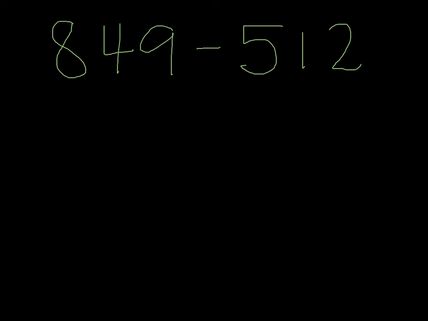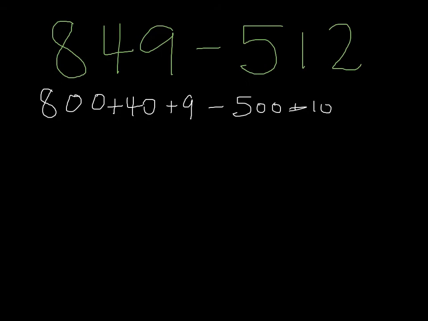We're going to try it again, but we're going to use these 3-digit numbers. So 849, take away 512. First step is to partition the number. So 800 plus 40 plus 9, take away 500 plus 10 plus 2.